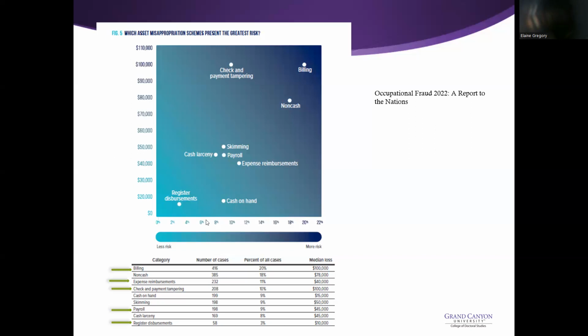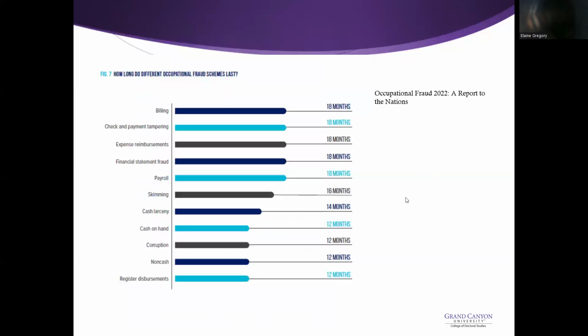As we can see from this graph, we go from the least risk to the most risk, and billing and non-cash schemes seem to be the riskiest. Again, we saw this in our Chapter 4 lecture. Billing can take as long as 18 months before the scheme is detected.